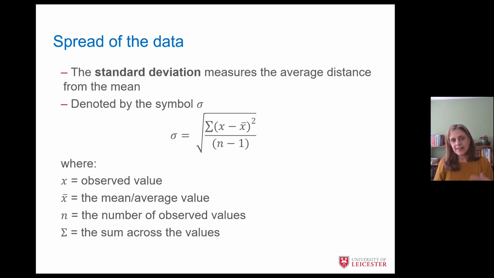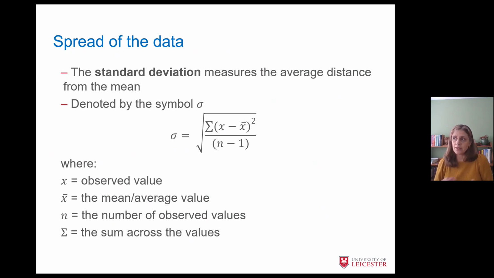You can see that a data set that goes from 0 to 40 has a much greater spread than one that just goes from ages 18 to 22. When we report a mean, we would usually then report the spread of the data using a standard deviation. And what this is doing is looking at each of your data points, so each of the people in your sample, and measuring the average distance of their value from the mean of the data set.